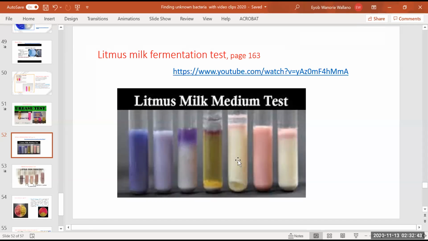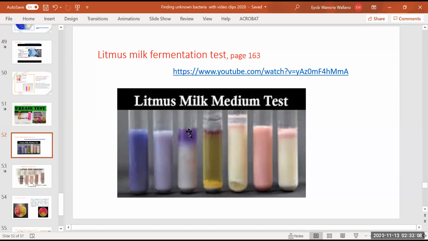Look now, here also coagulation, and then we call it peptonization, meaning the breaking down of the milk protein. Look, the peptonase enzyme is breaking this down to peptone proteins. So does this protein exist in cheese? Yes. Does it exist in yogurt? Yes. So these are all fermentation processes.